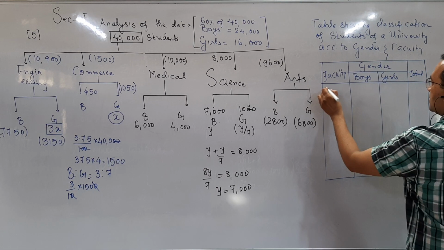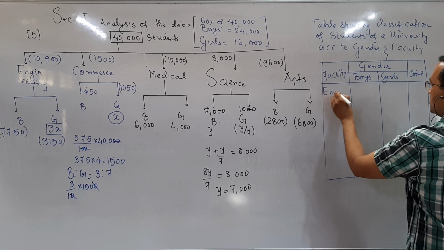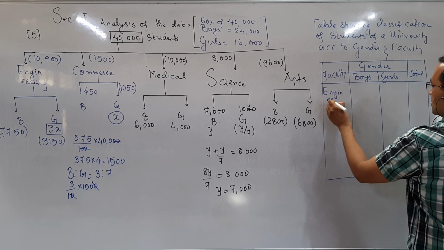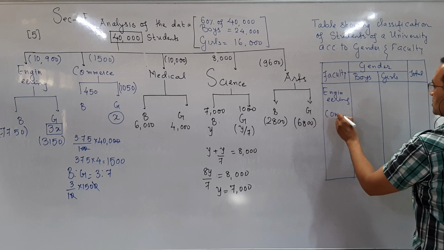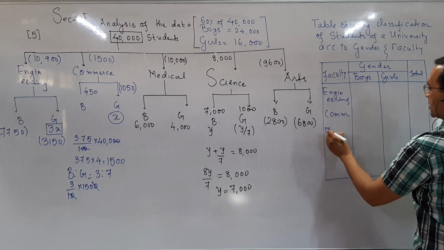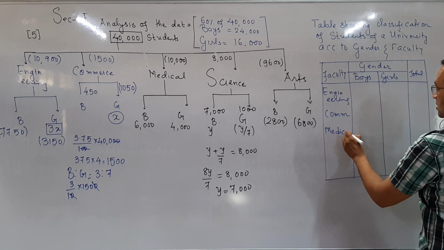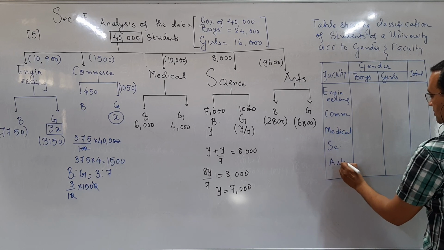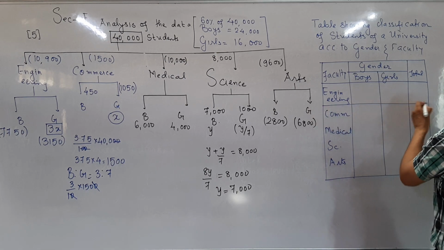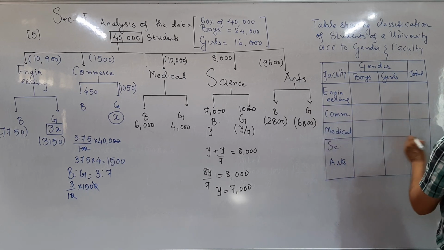The first faculty is engineering, second is commerce, third is medical, fourth is science and fifth is arts. And then we go for totals.